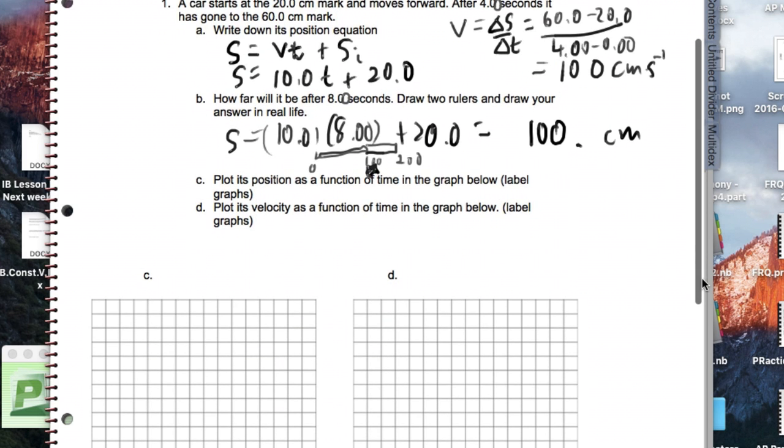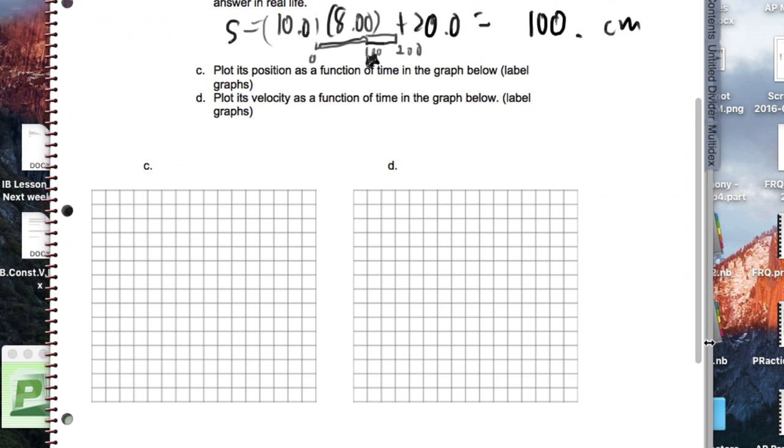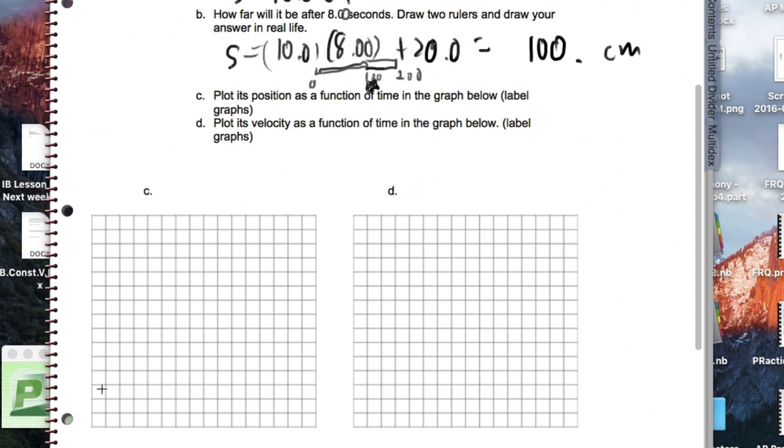Now we're going to plot position as a function of time, and let's be careful about this. I'm comfortable going out to 14 seconds, so we can say 2, 4, 6, 8, 10, 12, 14, and we'll count by twenties here: 20, 40, 60, 80, 100, 120.